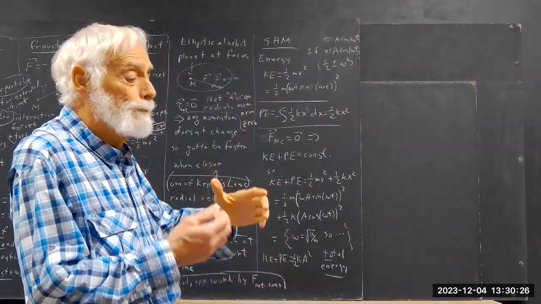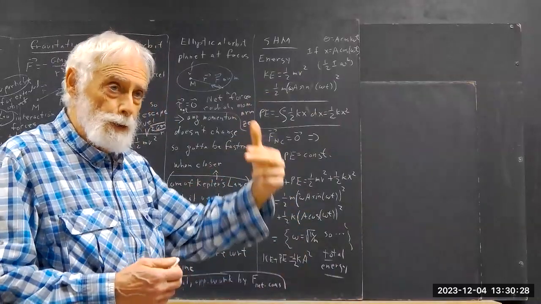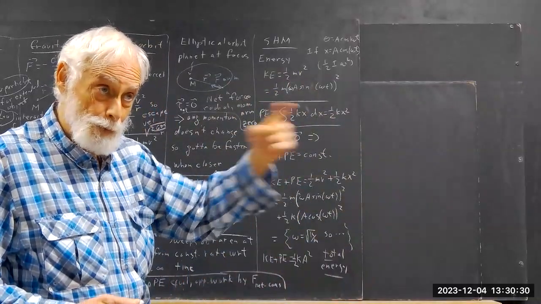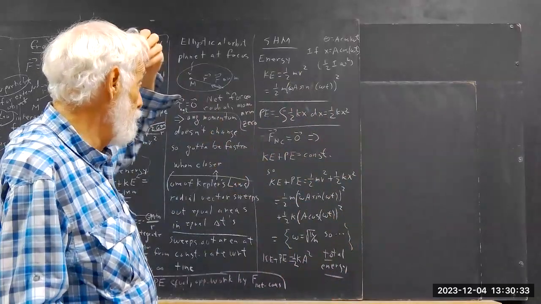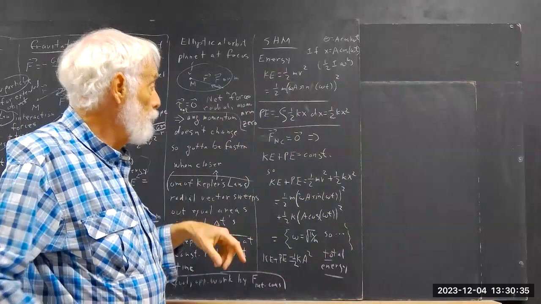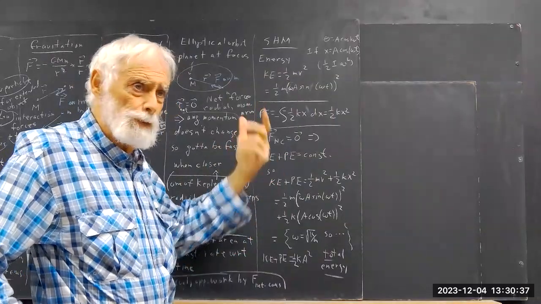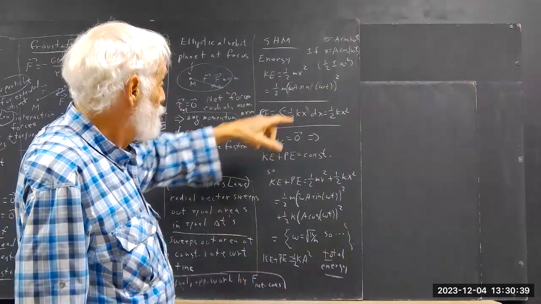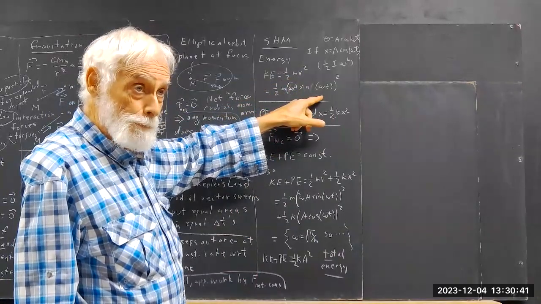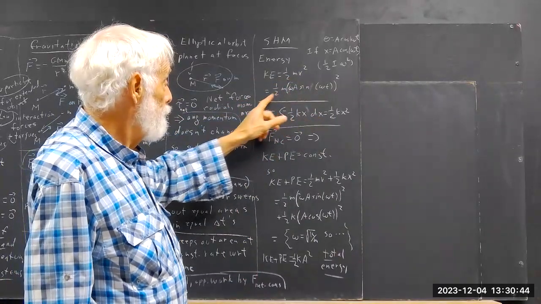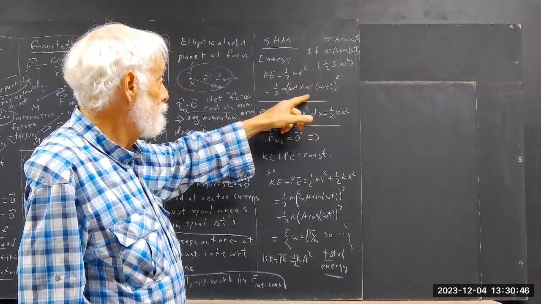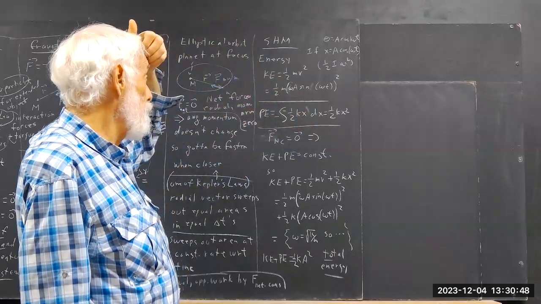Or the horizontal projection of that vector I showed you on the unit circle, or the actual circle of radius A, a week ago. Last Wednesday, 5 days. Okay, so v is this. And if you work this out, you get another expression for kinetic energy.